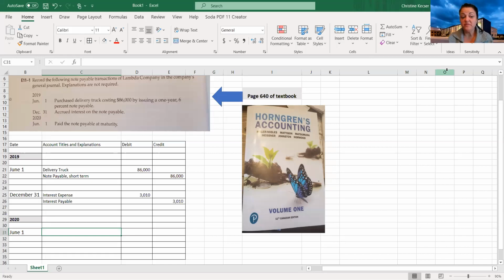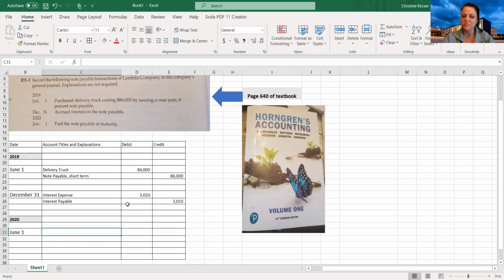So far, we've said that there's an interest payable of $3,010. We actually have to wipe that out, and then we're going to expense the remainder of the interest because so far we've expensed $3,010. What we want to look at is how much interest are we owing at maturity.